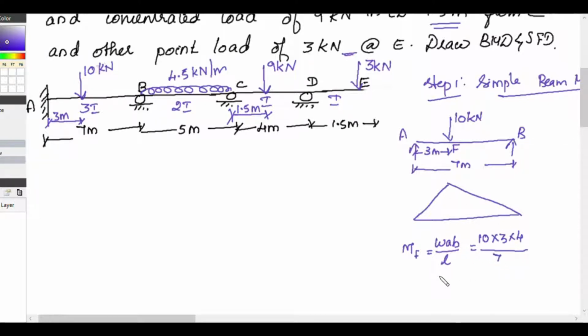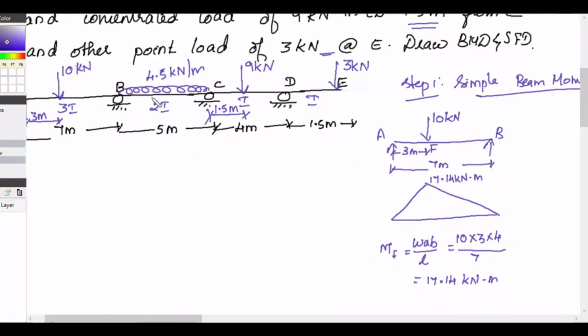So that we get 17.14 kilonewton meter. Now we will take the span BC.